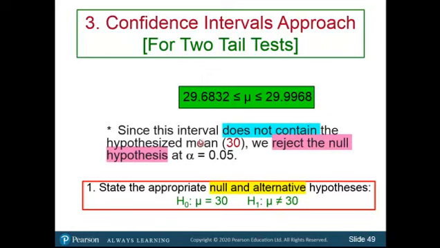Since this interval does not contain the hypothesized mean, that is 30 here, we have to reject the null hypothesis at alpha equal to 0.05. So 30 is outside this range. So then we have to reject the null hypothesis.